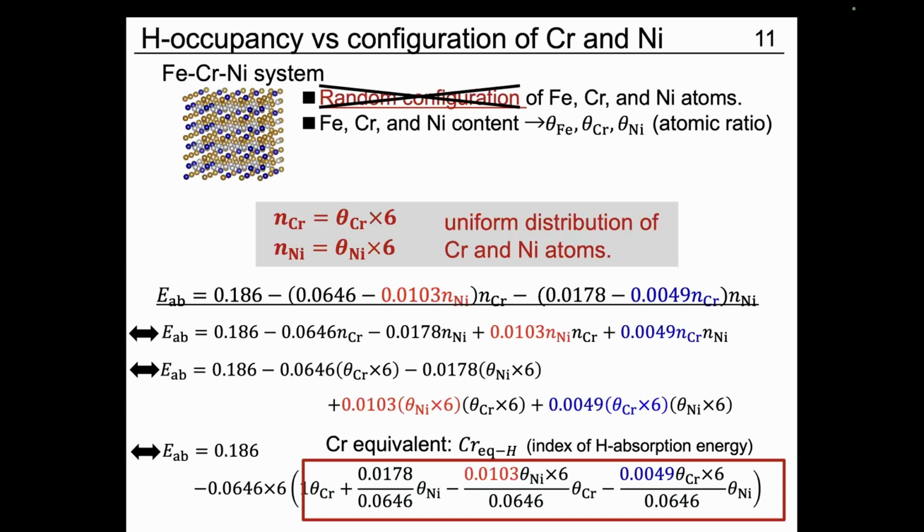We define the reduction part of the hydrogen absorption energy as the chromium equivalent. This is the index of hydrogen absorption energy in the ternary system. And by using this equation, we can calculate the hydrogen occupancy in the ternary system with uniform distribution.